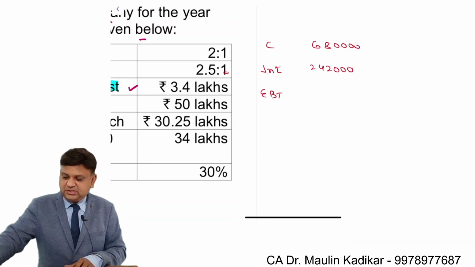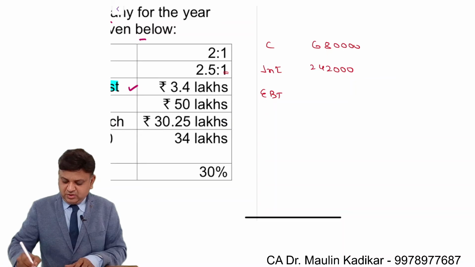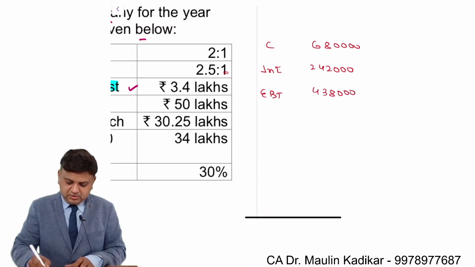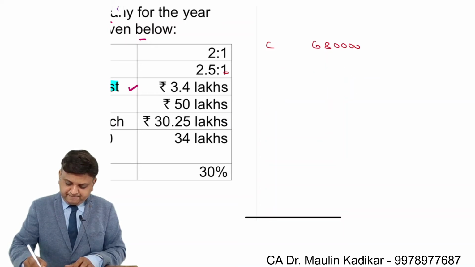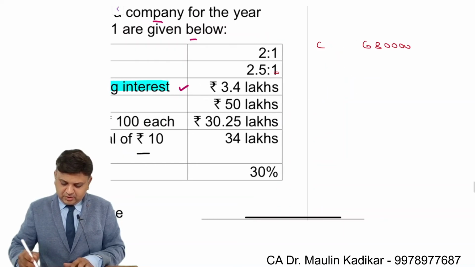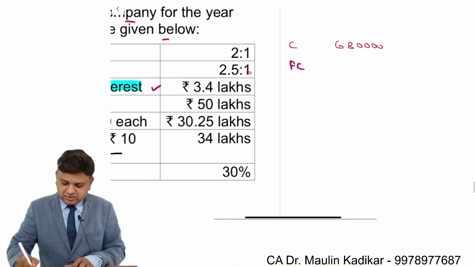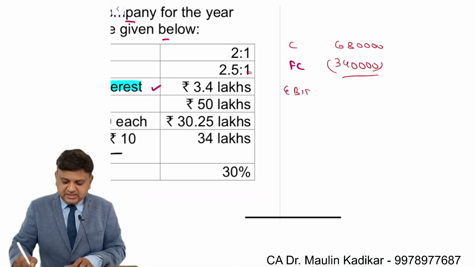Earning before taxes, it will be 6,80,000 minus 2,42,000, 4,38,000. I'm sorry. Contribution minus fixed cost, 3,40,000. So EBIT is 3,40,000.